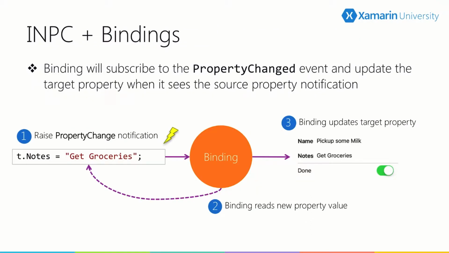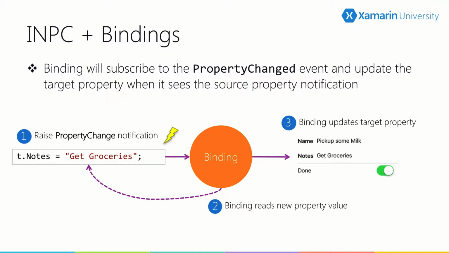The binding engine in Xamarin.Forms inspects your source object. And it's okay as long as it's any object. However, it also tries to detect if your source object is implementing INotifyPropertyChanged. If that's the case, it will subscribe itself to the property change notification. And whenever that notification is raised, the binding object will react to it. It will have a look at the event arguments and read the name of the property that has just changed.